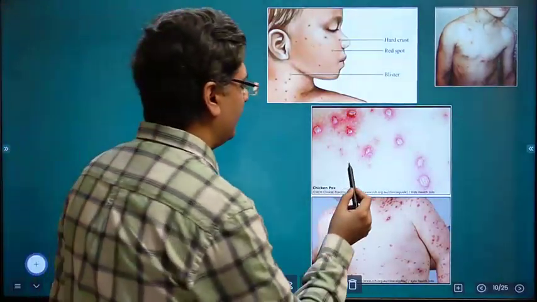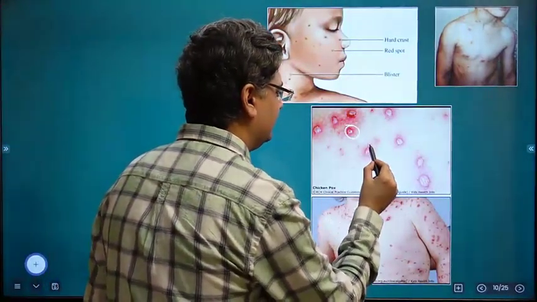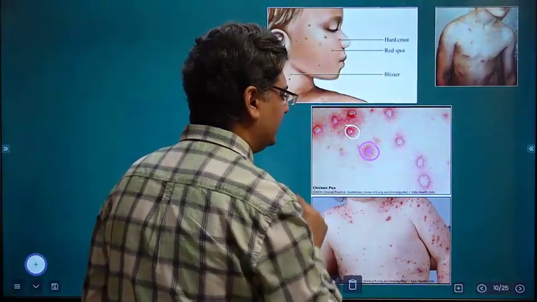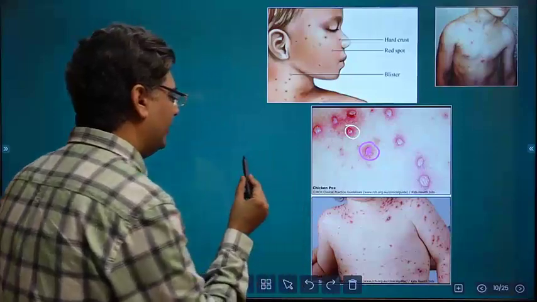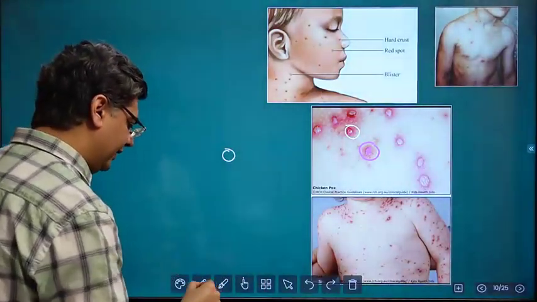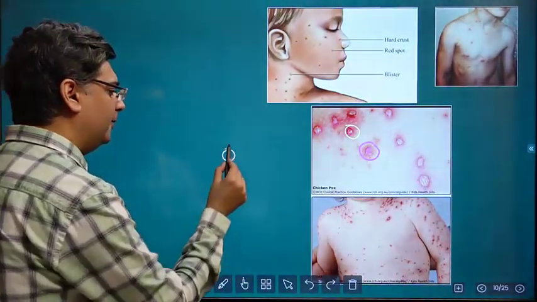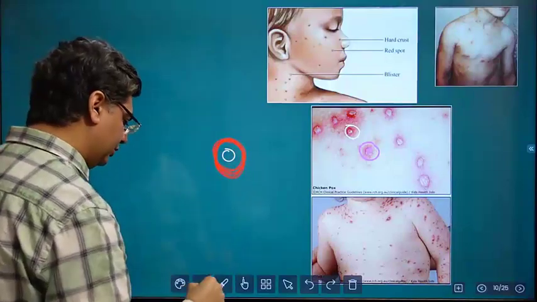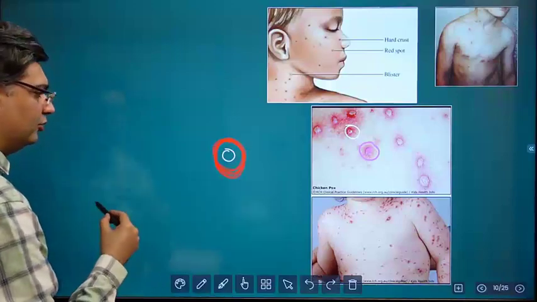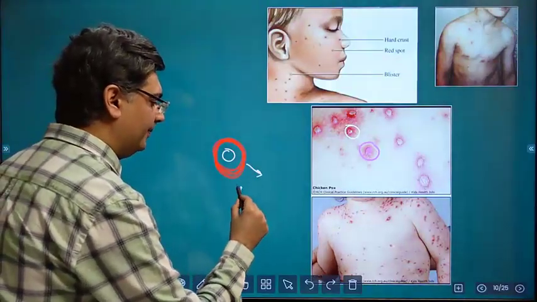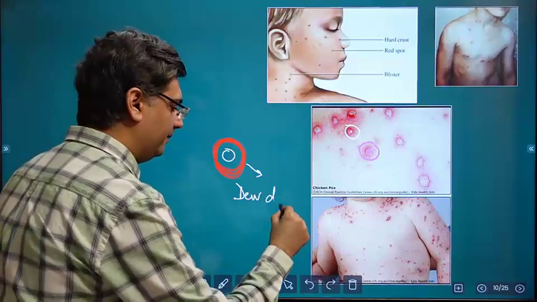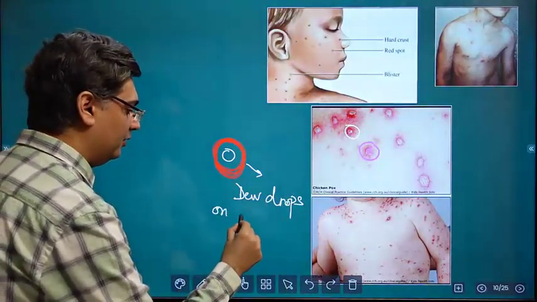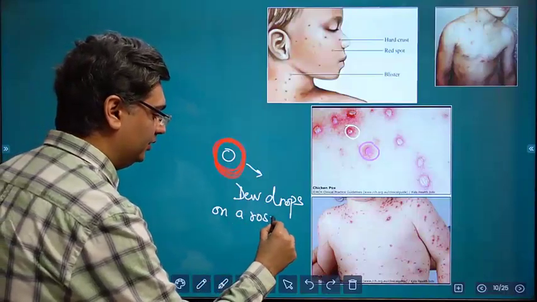You can see these red rashes, and these vesicles have fluid filled centers, and on the margins you have this red area. This appearance is also called dewdrops on a rose petal.